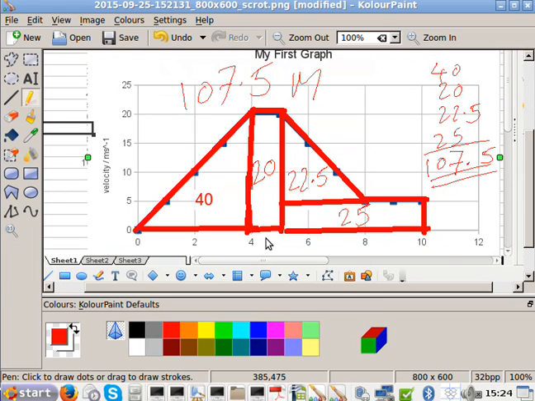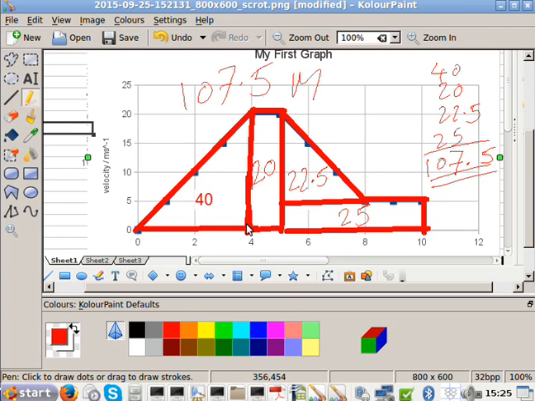Right, so here is the acceleration. What's the height? 20, and what's the base? 4. So the acceleration is 20 over 4, which is 5. What is the deceleration? The deceleration is this part.